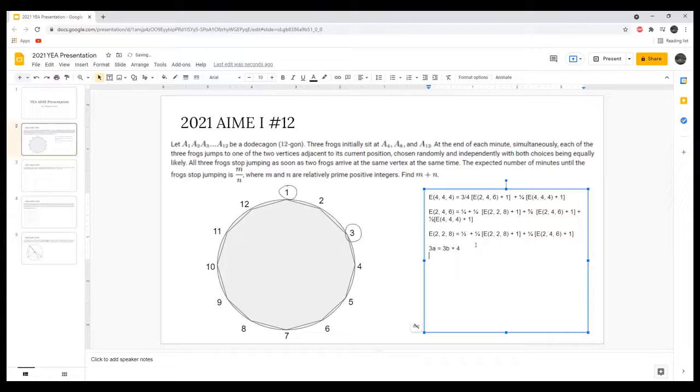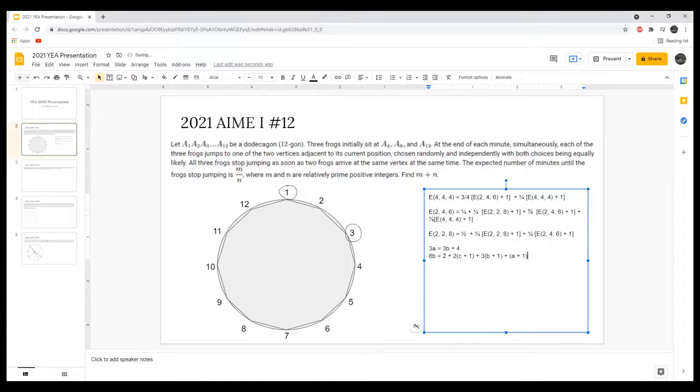And let's look at E of 2, 4, 6. We multiply both sides by 8, then we get 8B is equal to 2 plus 2C plus 1 plus 3B plus 1 plus 8 plus 1.